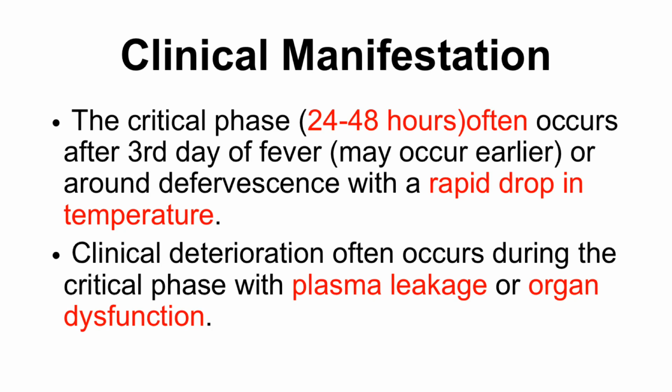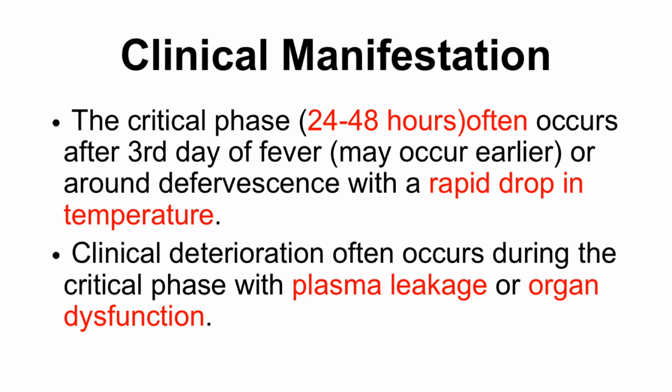These are the critical phase clinical manifestations, which often occur 24 to 48 hours after the third day of fever, or may occur earlier, with a rapid drop in temperature. So don't assume that having dengue fever means you have a fever. No, at the critical phase, you will have a rapid drop in temperature.